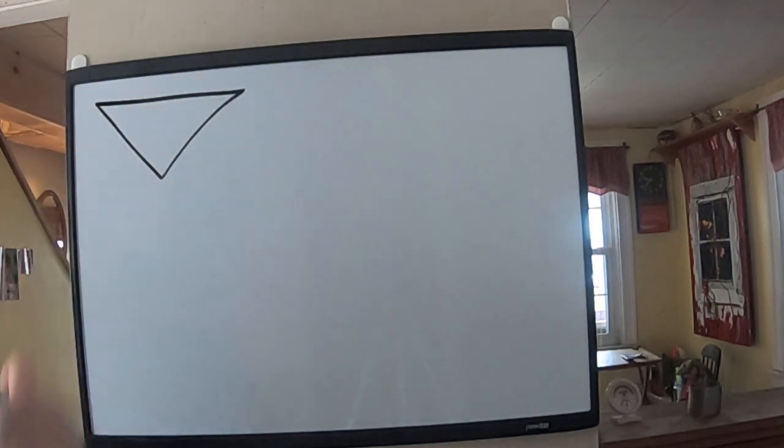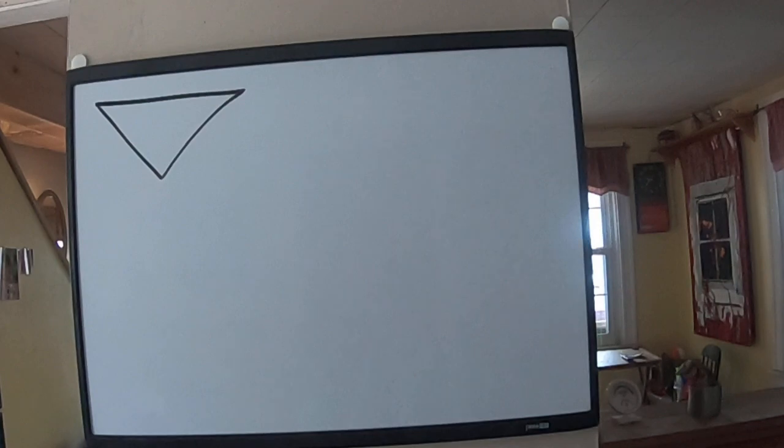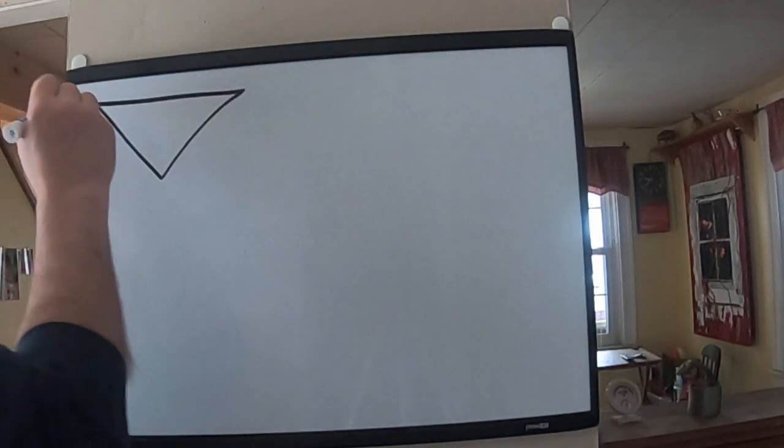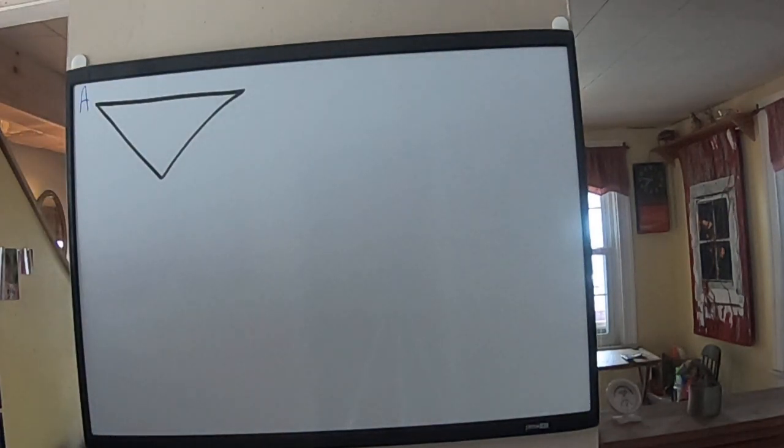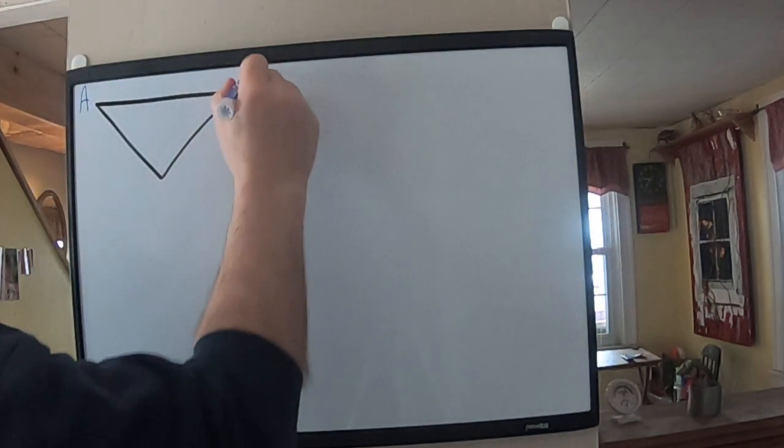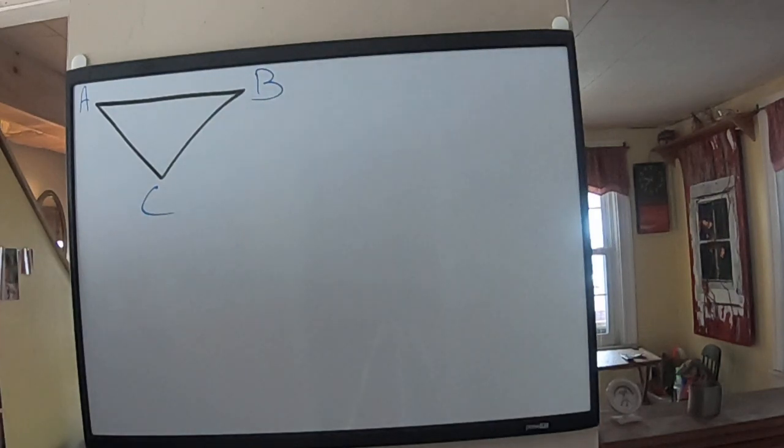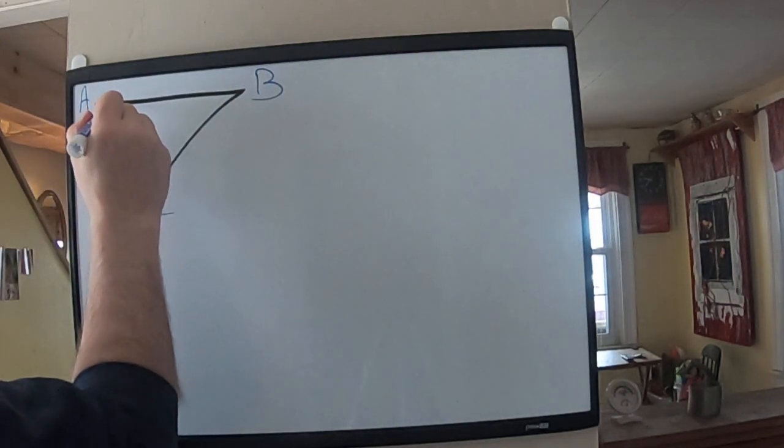We're going to start with this triangle, ABC. Again, it doesn't matter how you've drawn it. It's just a sketch, so it's not drawn to scale. Angle A is going to be 35 degrees.